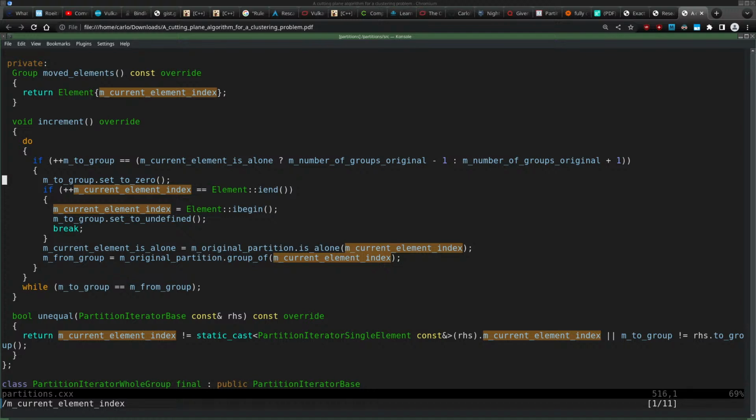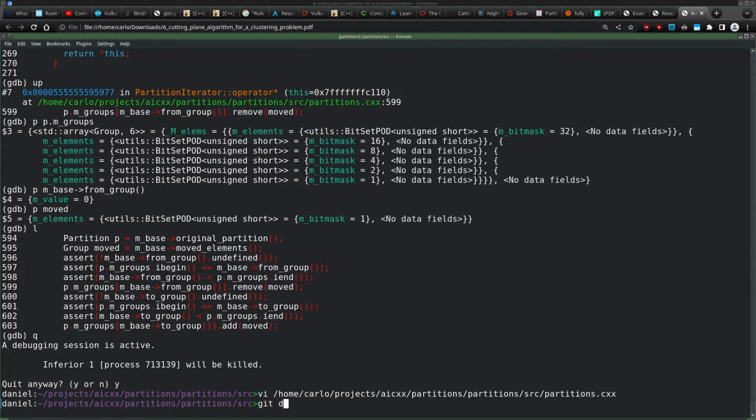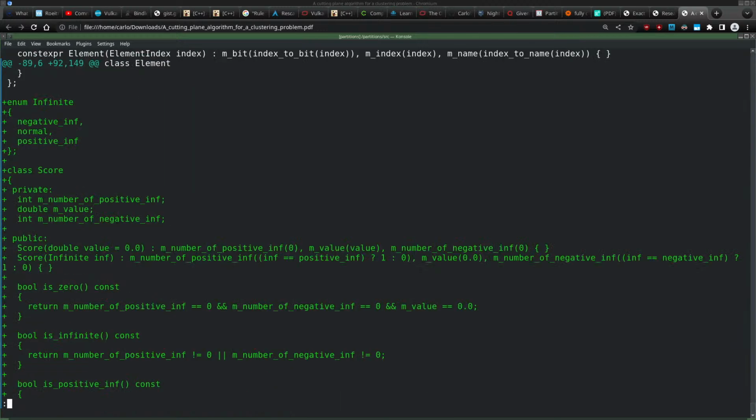I want to make sure that this code didn't change. I'm not sure if we can see that in git diff. You can try.